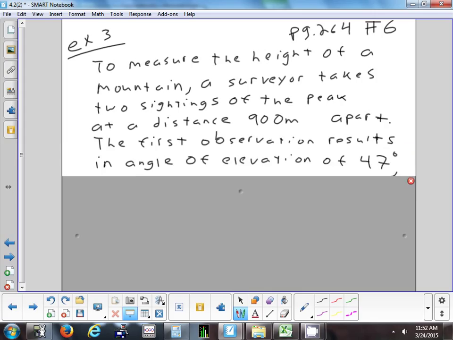Right, so the first time they set up the transit and look through it, the angle of elevation is 47 degrees. An angle of elevation is basically if this is your horizon, and here's an object, and you're looking from ground level up at that object, what would the angle be?